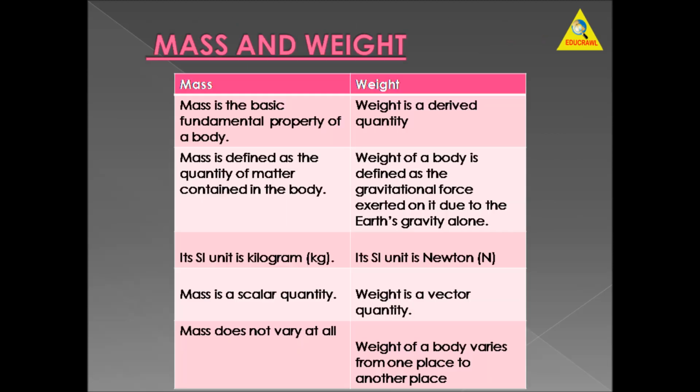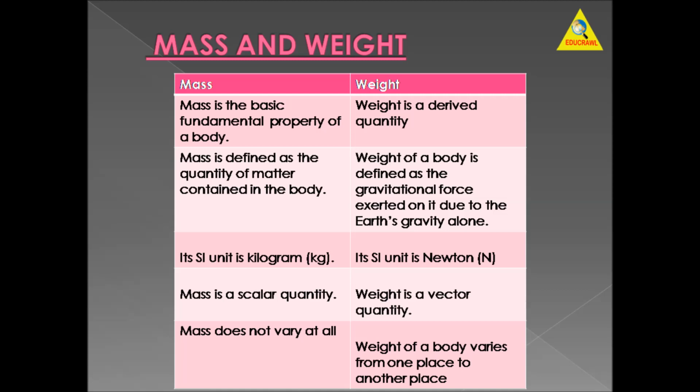Next, we shall see the differences between mass and weight. Mass is the basic fundamental property of an object, whereas weight is a derived quantity. That is, weight we are deriving from the gravitational force.